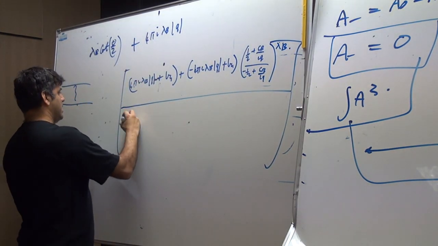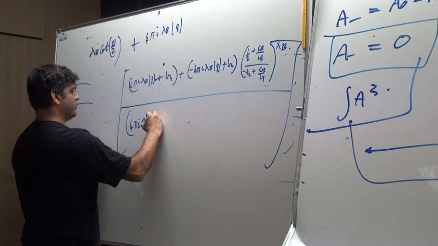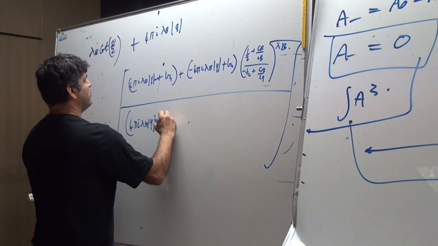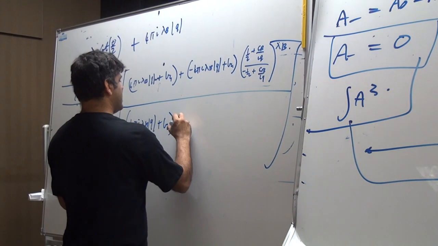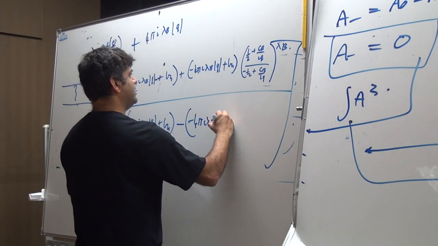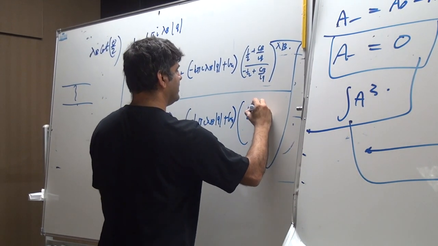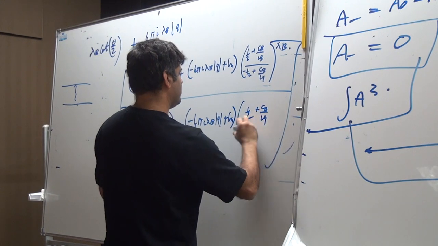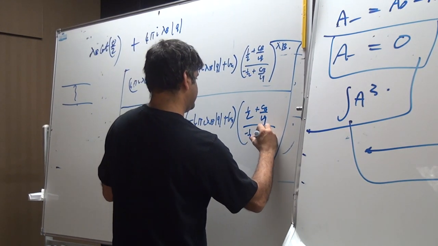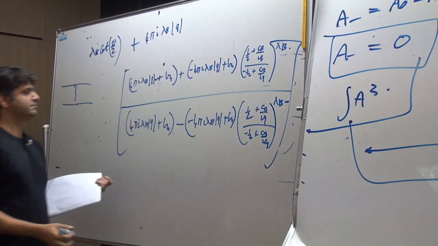And then the denominator is 4 pi i lambda b mod q plus b4, minus the same thing, minus 4 pi i lambda b mod q plus b4, into (half plus cb by iq over minus half plus cb by iq) to the power lambda.